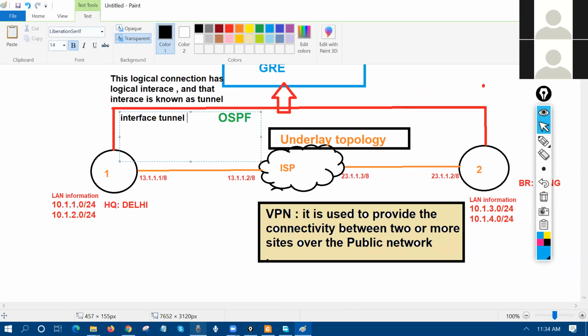After that, you need to put the identifier.